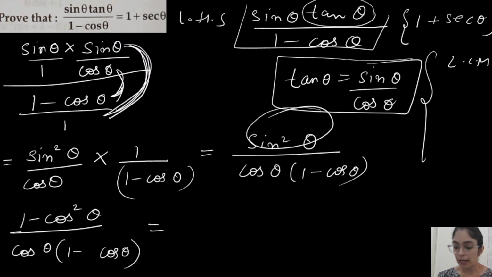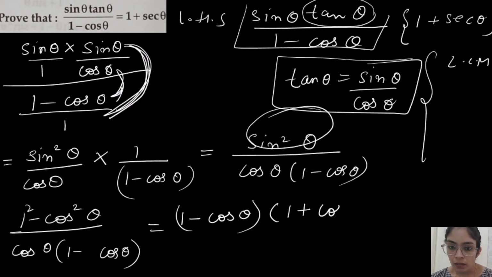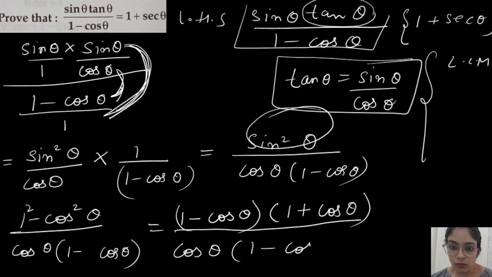Now this further can be factorized, as a square minus b square. See, a square minus b square we can write as a minus b into a plus b. Here I have cos theta and 1 minus cos theta.